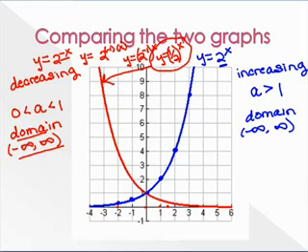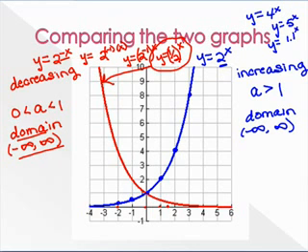All right, so for example, we might have like y is equal to 4 to the x, or y is equal to 5 to the x, or y is equal to 1.1 to the x. As long as that a value, that base of that power, is greater than 1, it's going to be an increasing function.